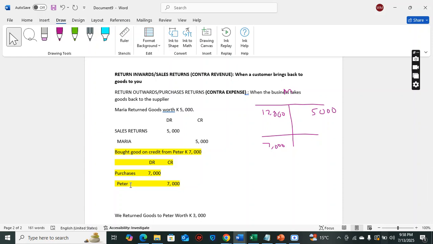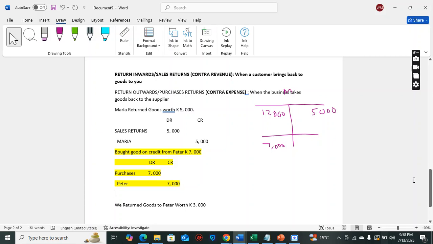A creditor is a liability. Increase in a liability, you credit 7,000. So we're owing Peter 7,000. Now we are returning goods worth 3,000 kwacha.